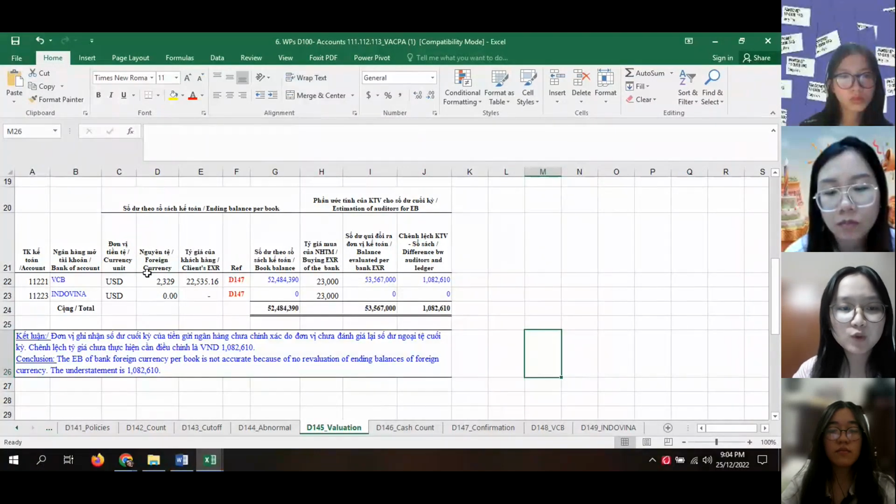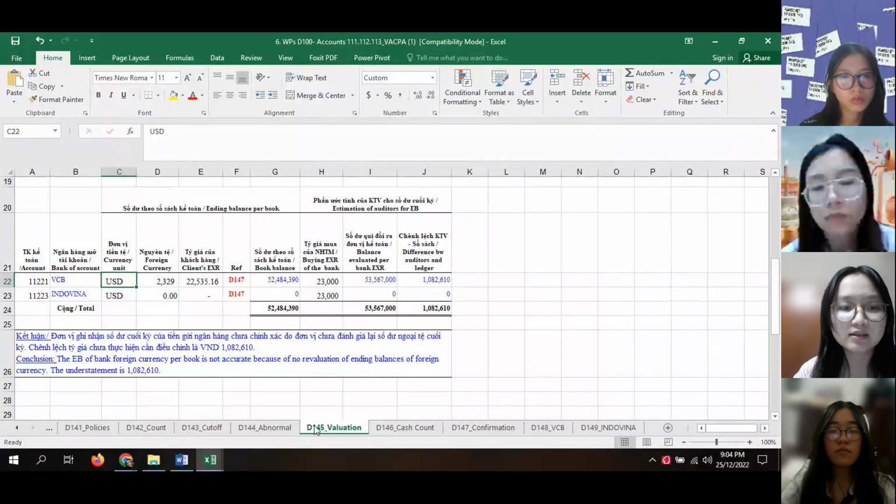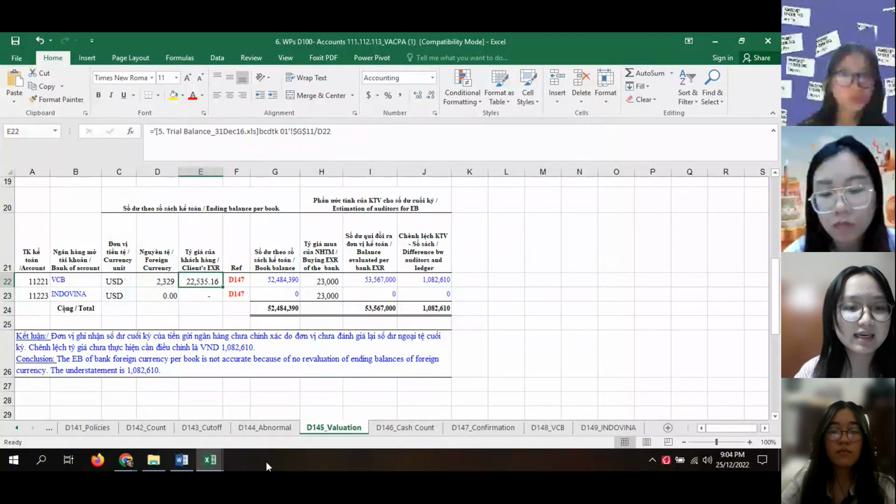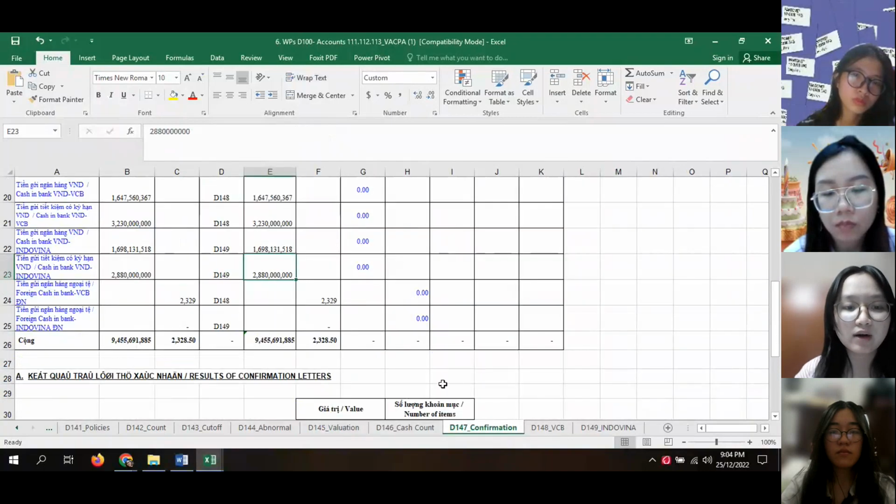The first one is foreign currency 2,000 and 329 with the client exchange rate of 22,535.16, with the reference D147.